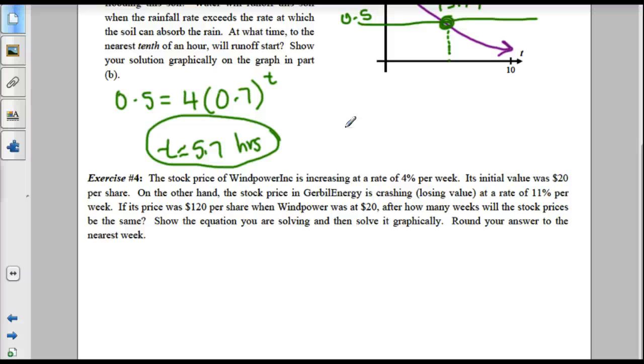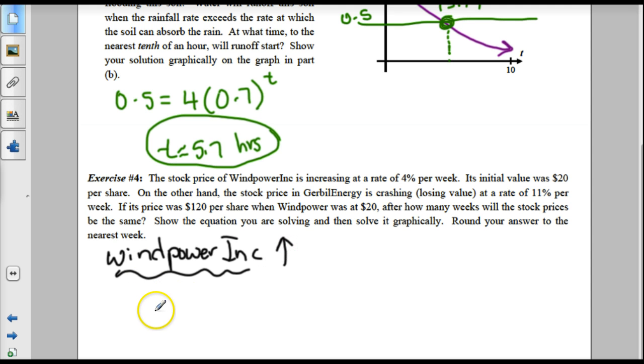So the first thing, let's take it piece by piece. And let's write this. I am working with Window Power Inc. These are the ones I know are going to go up. They're increasing. So they started at 20 and then they had an increase of 4% per week.